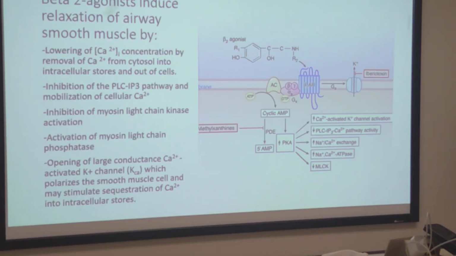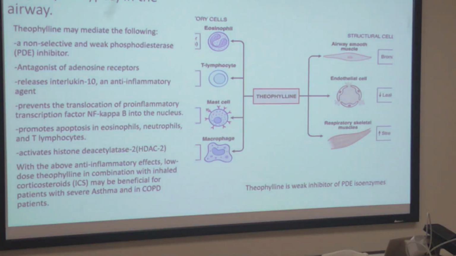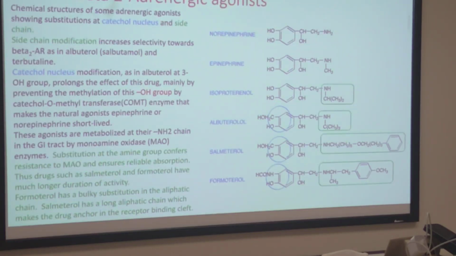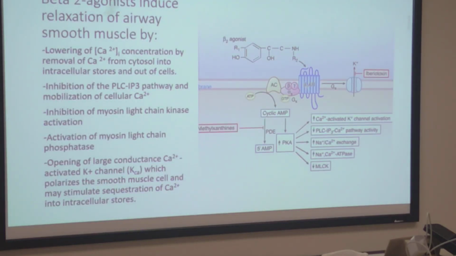So the beta agonist will lower the cytosolic calcium by opening the intracellular calcium channels on the endoplasmic reticulum by IP3. Remember, here is the signaling pathway. There is cyclic AMP production.